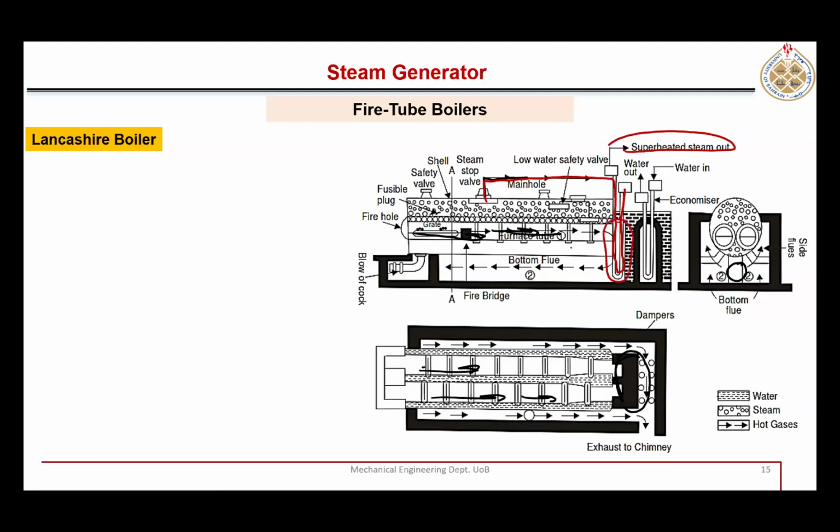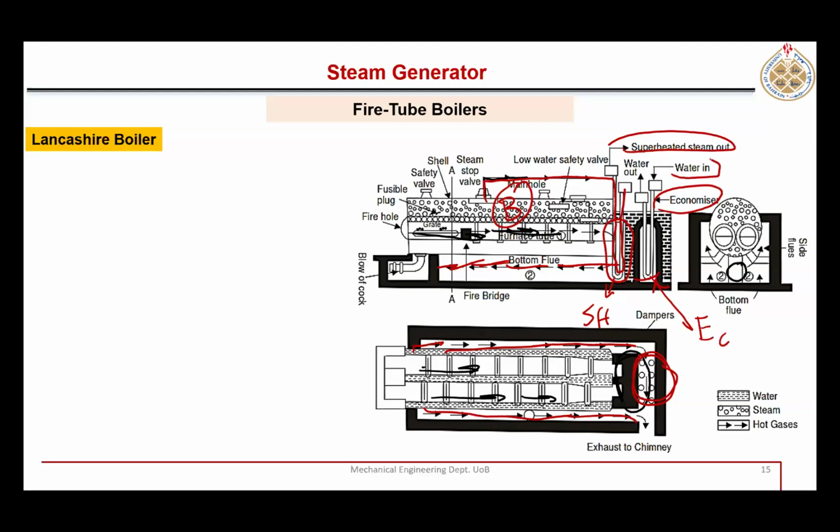Towards the end, the same hot gases can superheat that steam. After that, it goes to the bottom, then it goes to the two sides, right? Before going to the chimney, here you see another bundle of tubes that is acting like an economizer. Right? So now you can see these three portions: the boiler, this one, here is the superheater, and this is the economizer.